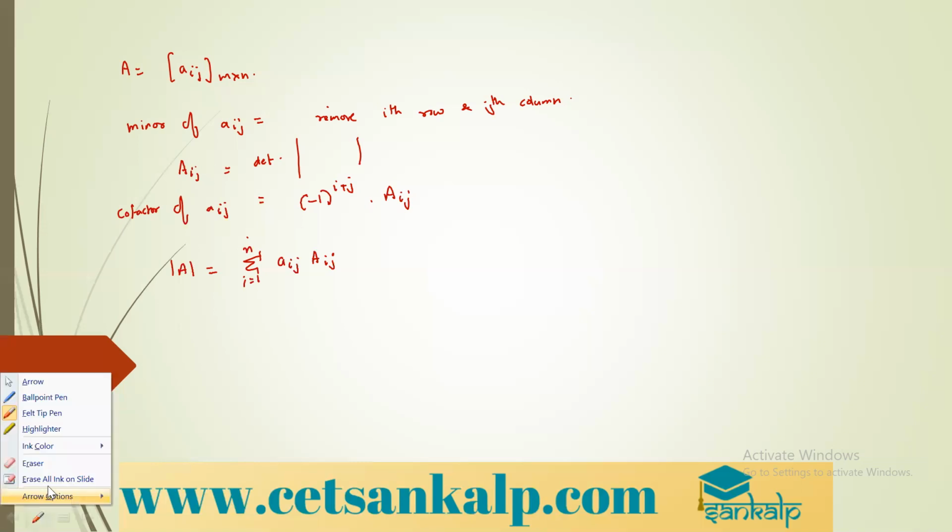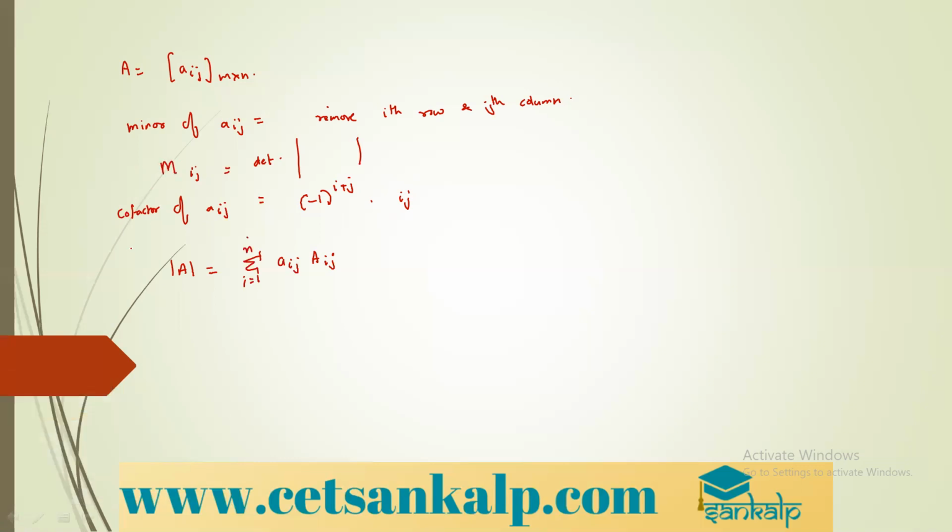Usually in books, in order to avoid confusion, the minor will be written as Mij and the cofactor will be written as Aij. You multiply the minor with the sign, and this cofactor you write as Aij. So to define the determinant, you multiply each element with its cofactor and take the sigma. That is the formula for the determinant.